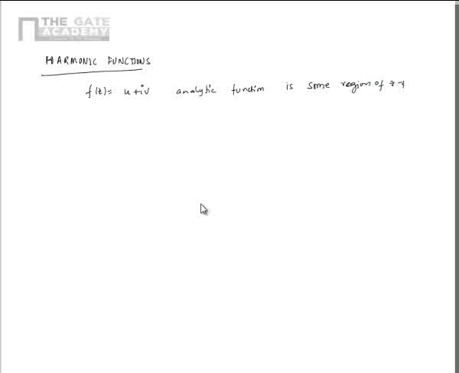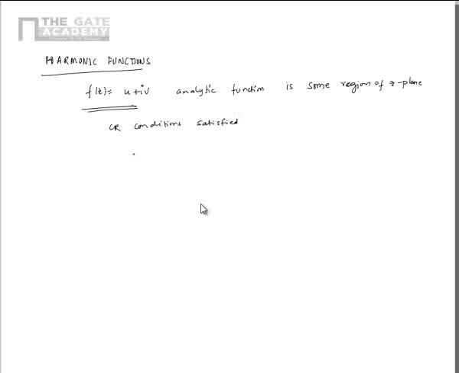Okay, now let's see a word about harmonic function. What is a harmonic function? Okay, so we know that when f of z is u plus iv, if it is an analytic function in some region of the z plane, then CR conditions are satisfied, right?